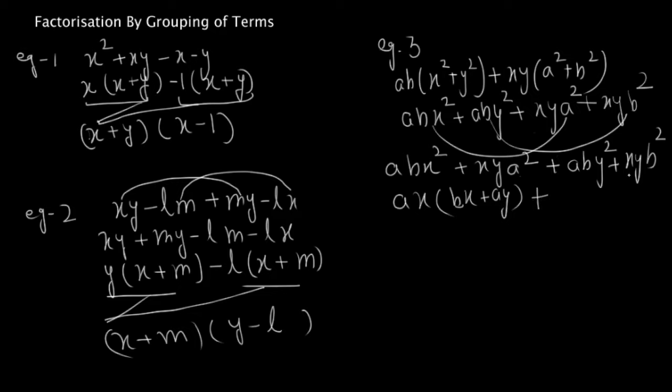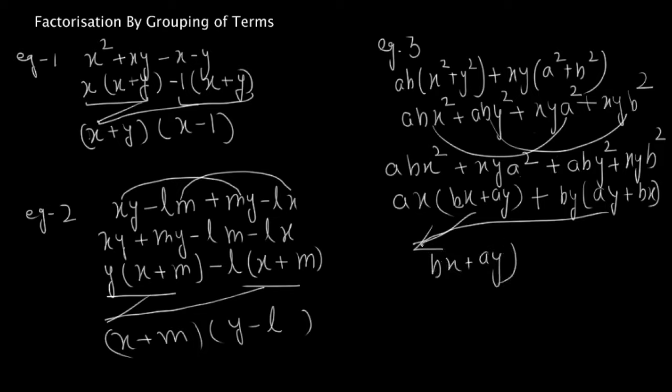Now in these 2, I can see b and y common. So we write by and we are left with ay plus bx, which is the same as bx plus ay. Again, let's take bx and ay common from these 2 terms and we are left with ax plus by. So this is the factorization of the given polynomial.